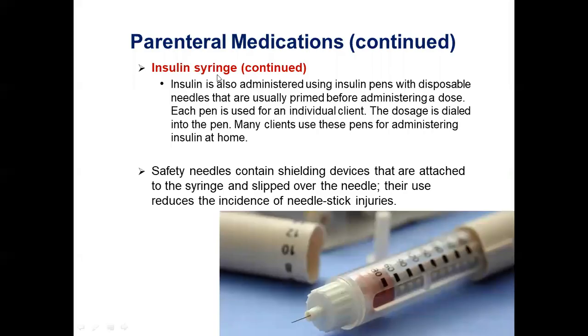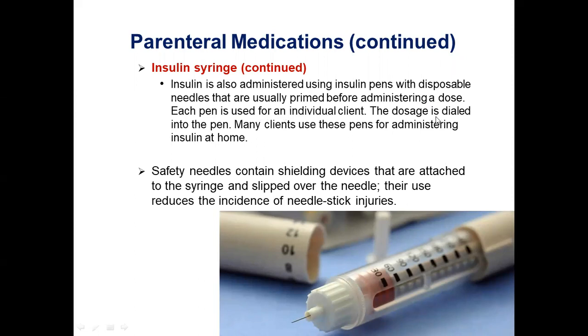Here is an insulin syringe, and a portable one, the pen. Insulin is also administered using an insulin pen with a disposable needle, and the pen is usually pre-made before administering a dose. Each pen is used for an individual client.